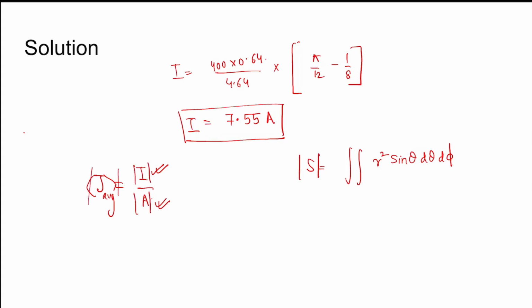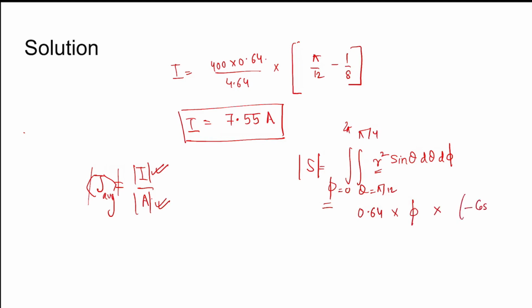So it is coming out to be from theta equal to pi by 12 to pi by 4, and phi equal to 0 to 2 pi. Now what you are getting is 0.64, because r square is 0.8 square, which is 0.64, multiplied by phi, multiplied by sine theta d theta.